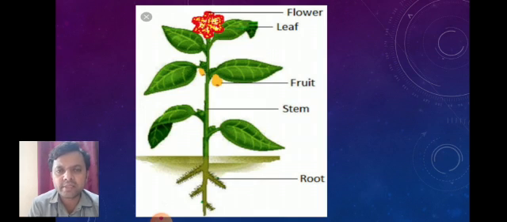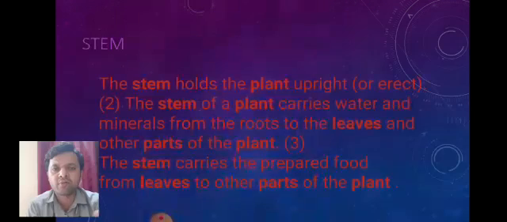So what is the stem doing? The stem carries all the important nutrients, minerals and water from the roots and provides them to the other parts of the plant, for example leaf, fruit, branches, flower. To all these parts, the stem provides the useful nutrients, minerals and water from the root. Okay, a very important function.